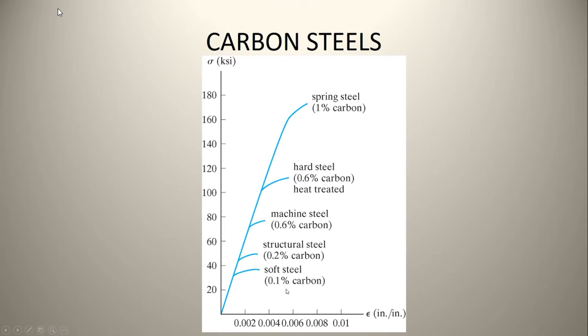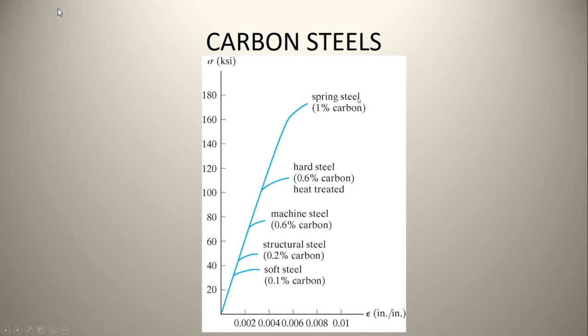So soft steel has 0.1% carbon, structural steel has 0.2% carbon, machine steel is 0.6% carbon, which is considered pretty hard steel. And if you heat treat it further, this is called hard steel, and 1% carbon is really spring steel.